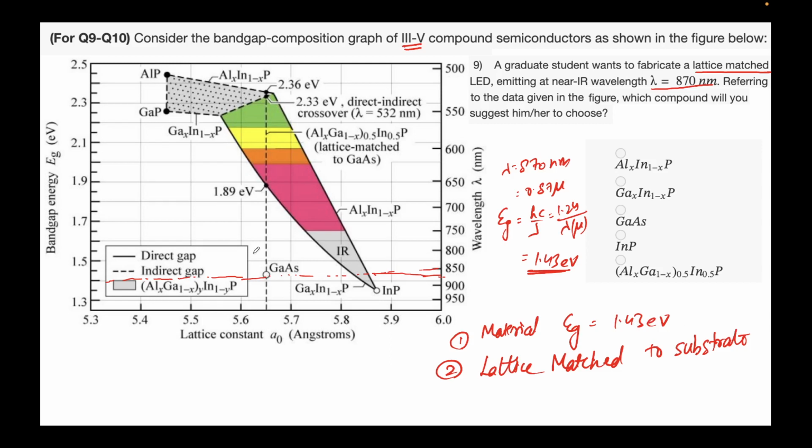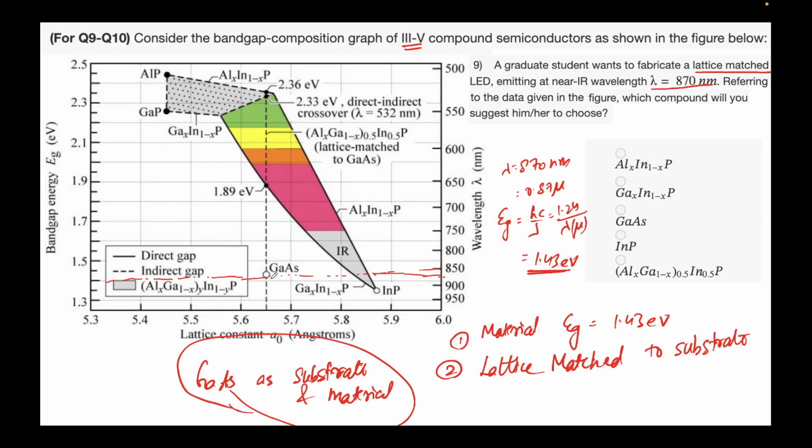If we choose gallium arsenide as the substrate and we just grow gallium arsenide N type and P type, then we can have this LED which will emit a wavelength of 870 nanometers upon spontaneous emission. So we choose gallium arsenide as substrate and the material is the same. So life is much simpler here. You just need gallium arsenide and you will be fine with that.